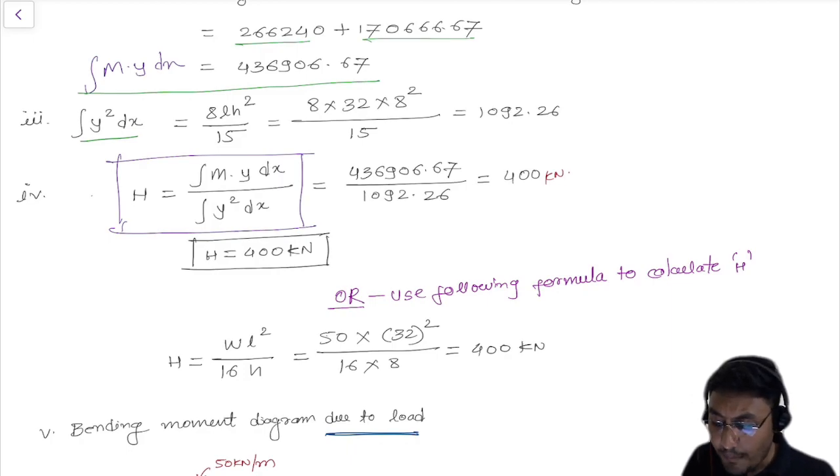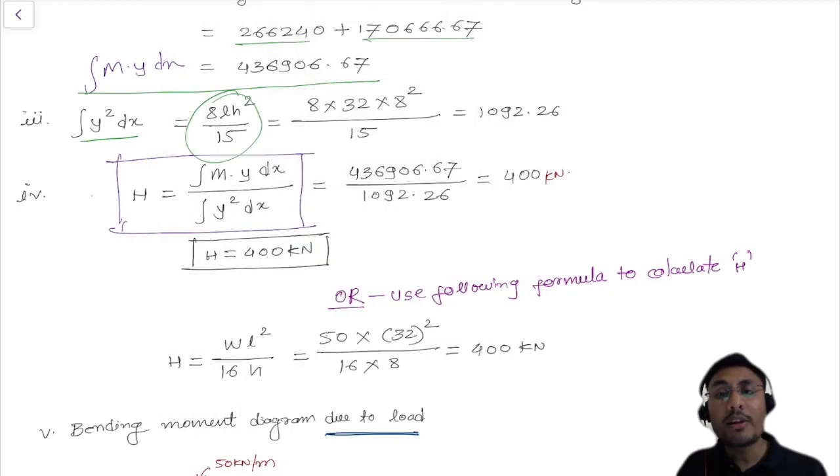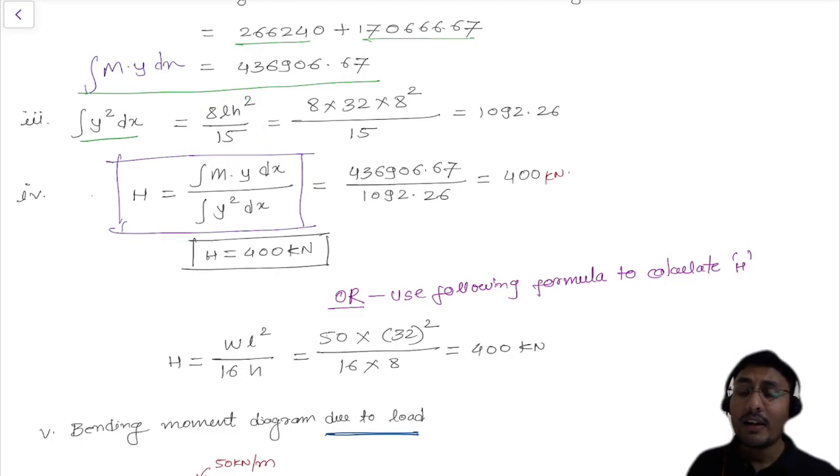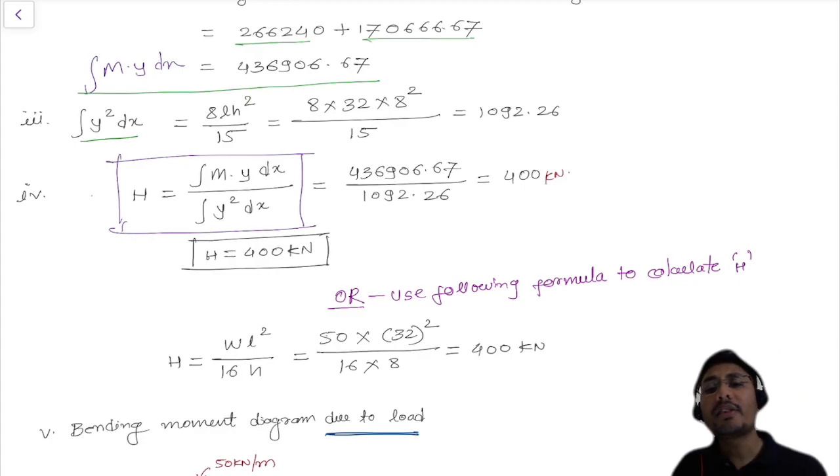Please remember this formula because it is very crucial. Without this formula you cannot solve this numerical, right? There is some shortcut, but it can only be used in examinations like GATE and SSC. But in your regular college or university examinations, you can't use that to solve the numerical. You can only use it to check whether the numerical is correct or not.